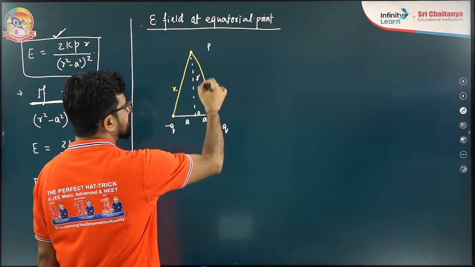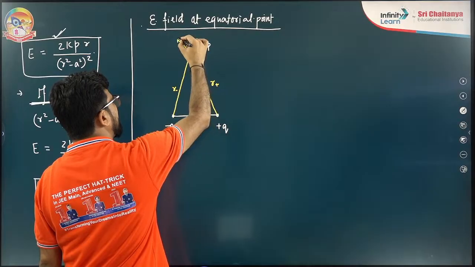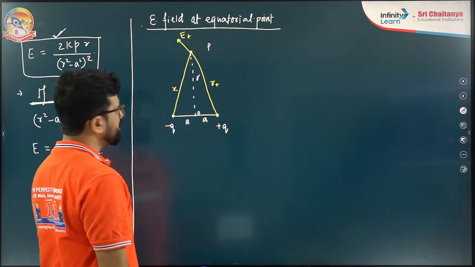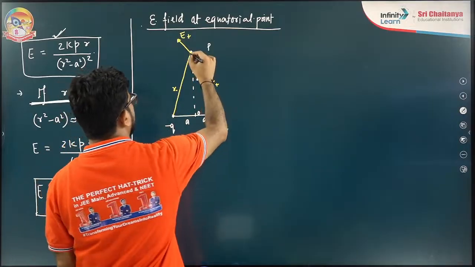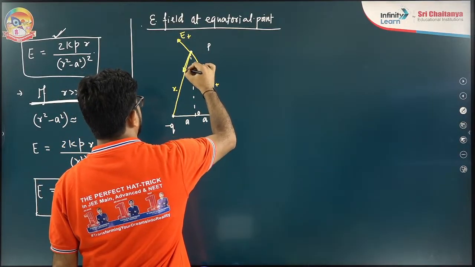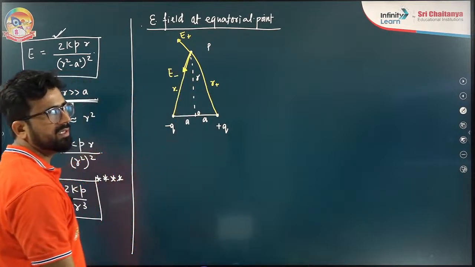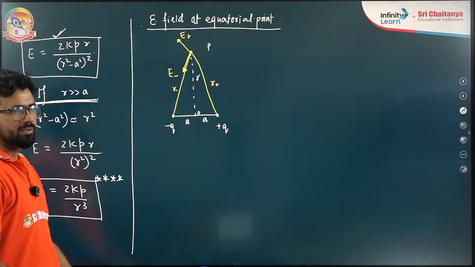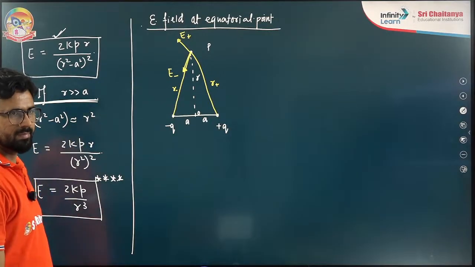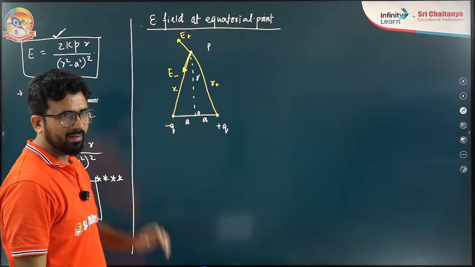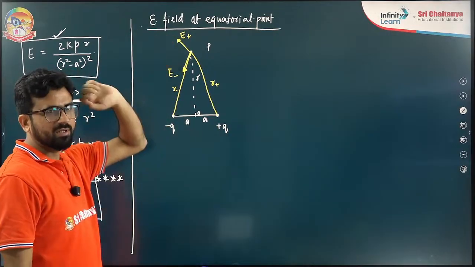Due to this positive charge, the field would be in the radially outward direction. This is E positive. But due to this negative charge, the field would be in the radially inward direction. That is E negative. Understanding? This is a very basic thing, beta. Okay, you are understanding this part. This is E positive, this is E negative.